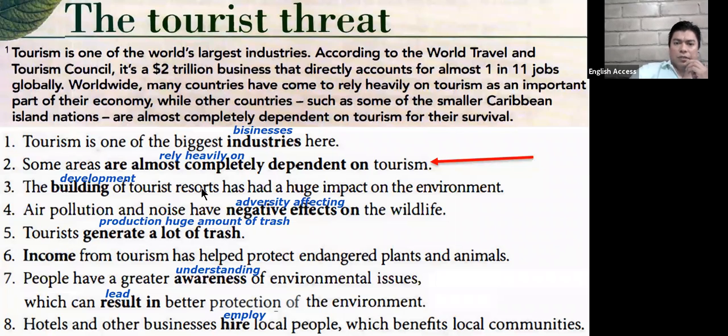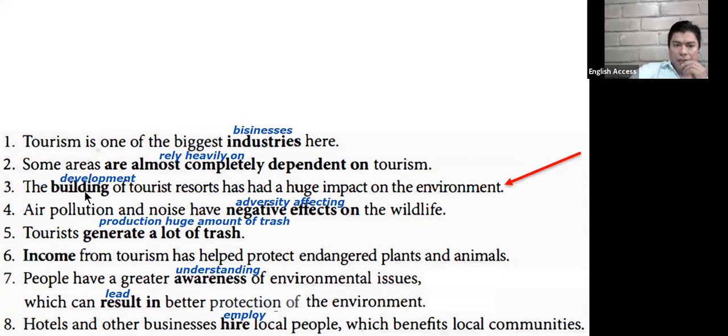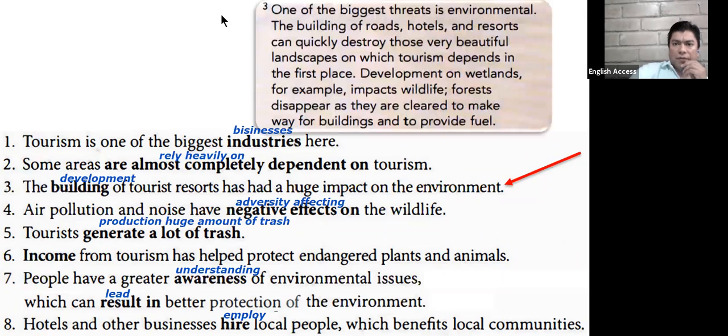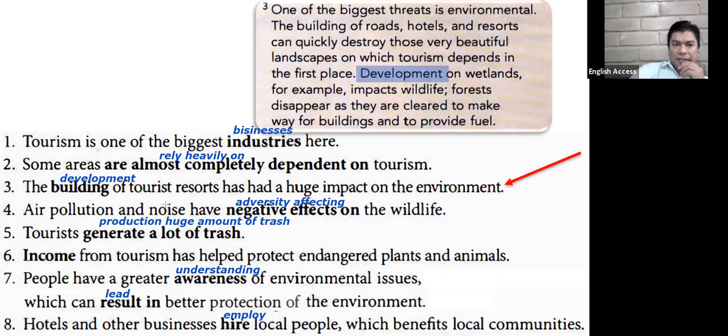Now let's check the answers. Number three, the building of tourist resorts has a huge impact on the environment. This is on paragraph three. And what is the answer? It would be development. Very good. Excellent.